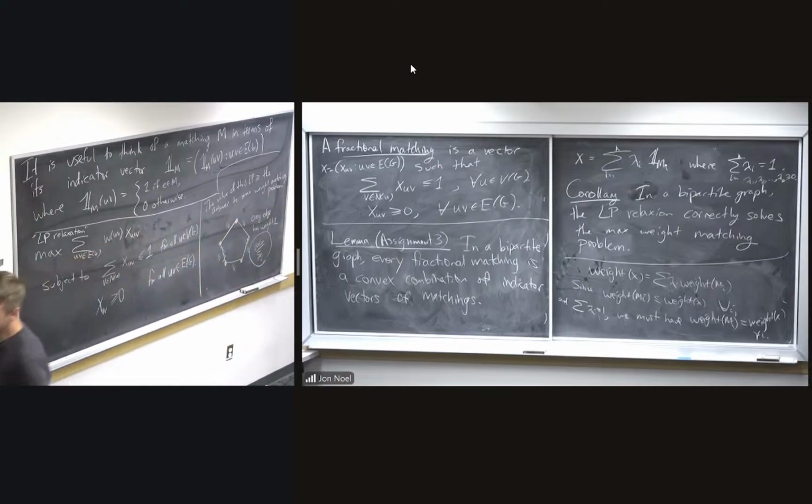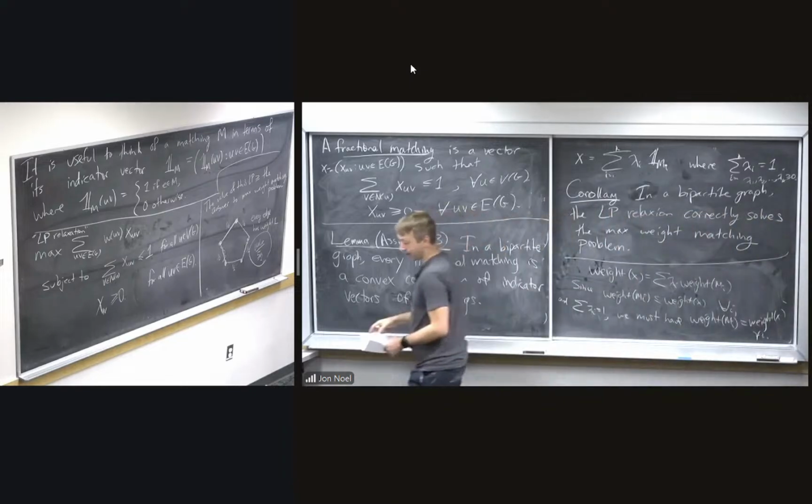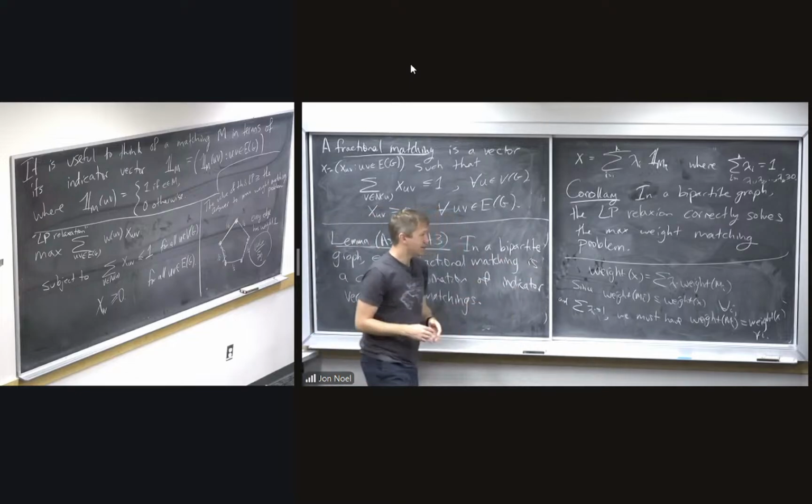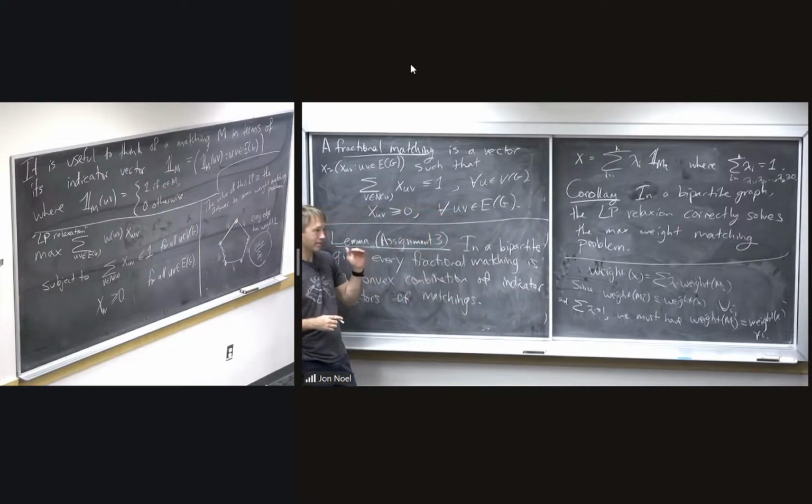But this actually gives us an approach for the maximum weight matching problem in bipartite graphs. We know that linear programs can be solved in polynomial time. If you wanted to solve this problem, just write down the linear program, which only has polynomial size in terms of the graph, and then solve it. So therefore, the maximum weight matching problem in bipartite graphs can be reduced to a linear program.